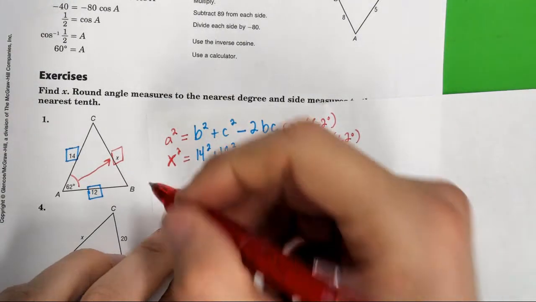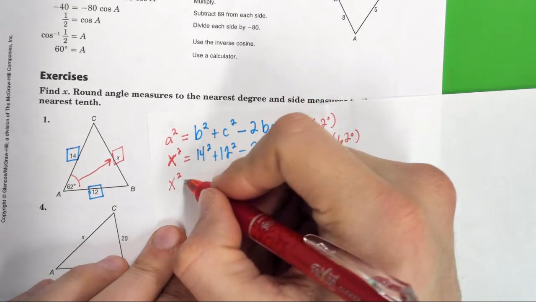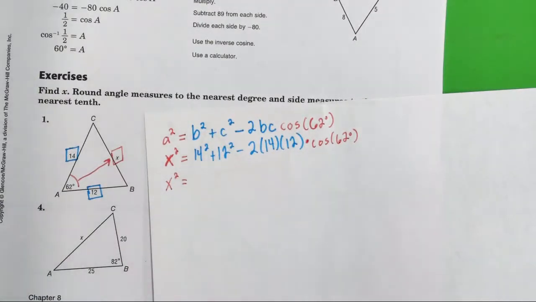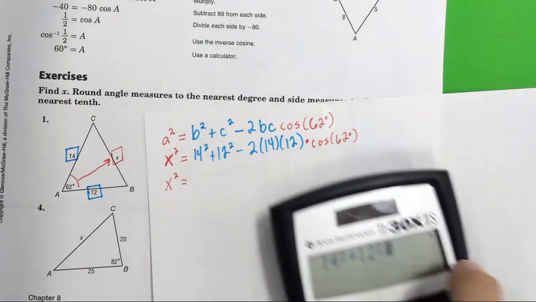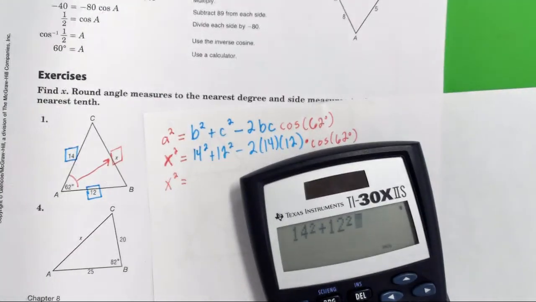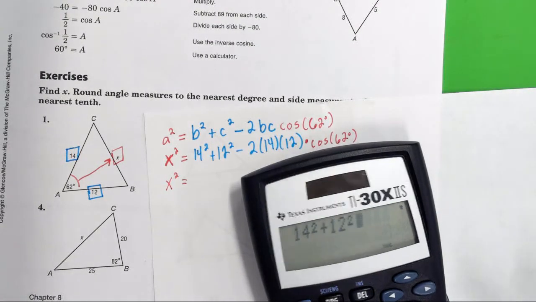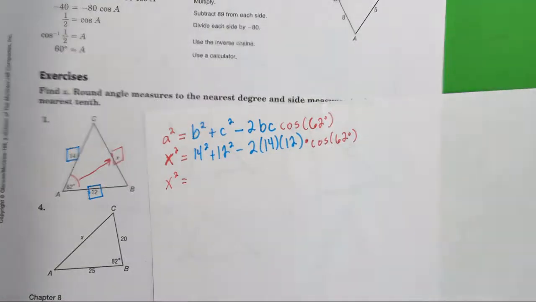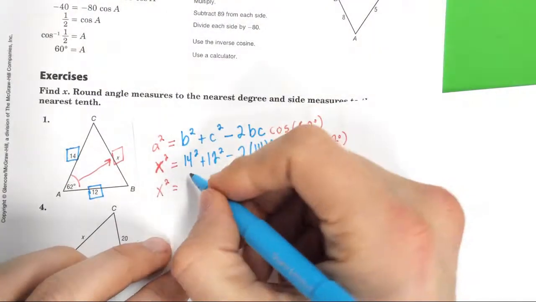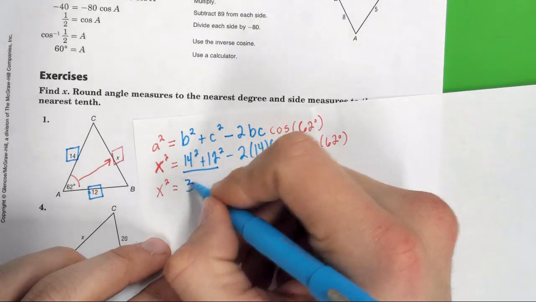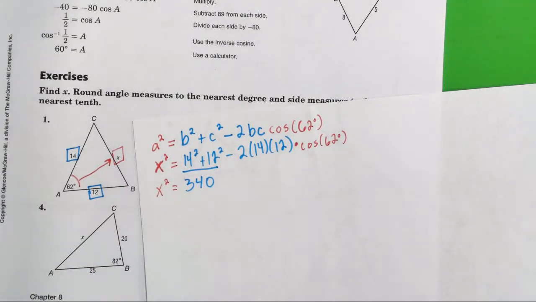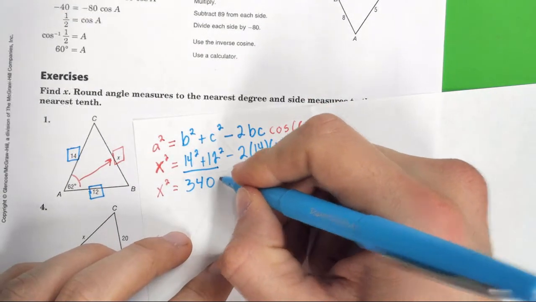Alright, here's how I work it out, just so I can keep up with all the little pieces. I've got 14 squared plus 12 squared. I type all of that into my calculator like that. And now push equals. I get 340. So all of this piece right here is 340. And the next part, I'll just put my minus symbol.